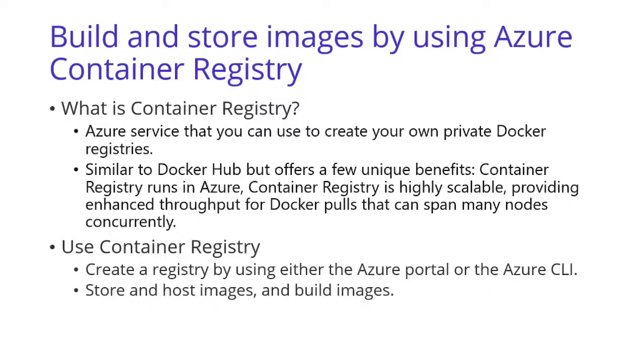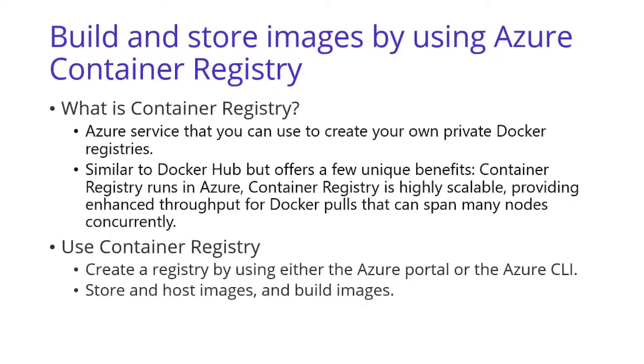To use Container Registry, we will need to create a registry by using Azure Portal or Azure CLI. We'll see that after. And we can store and host images and build images. So Azure Container Registry: store, private registry.